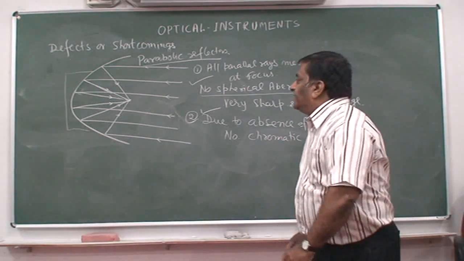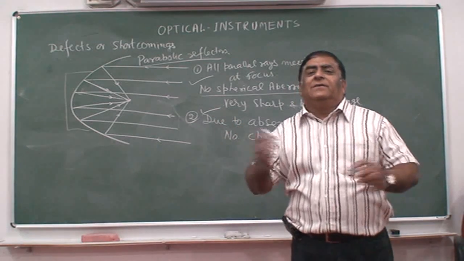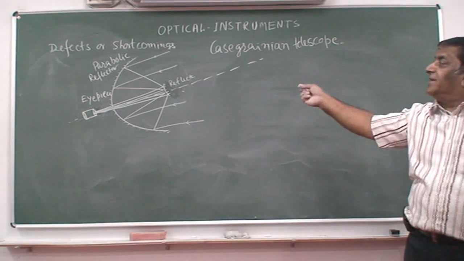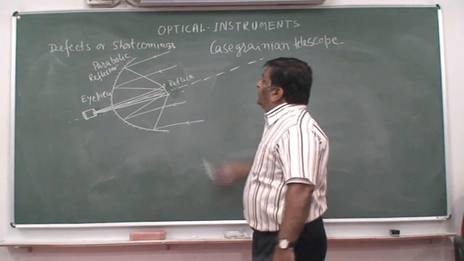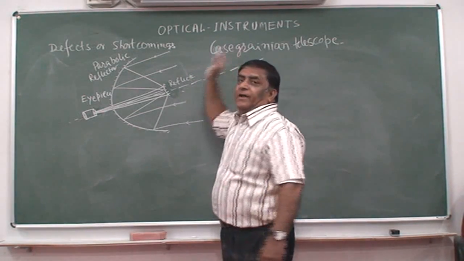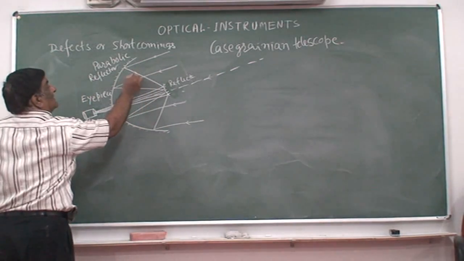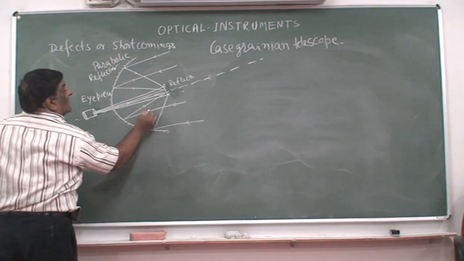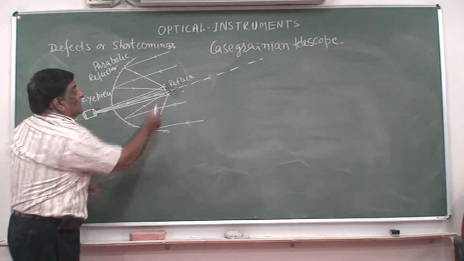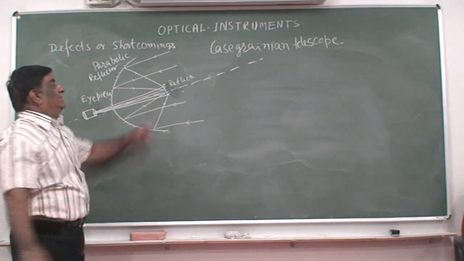Now for this reflector type of telescope, we can make a little correction in the diagram, and we will see how we actually see the image. This is a Cassegrain type telescope. These parallel rays are coming from a far away object, a far away star. These are reflected and go towards the focus. But before they reach the focus here, we put another small reflector.